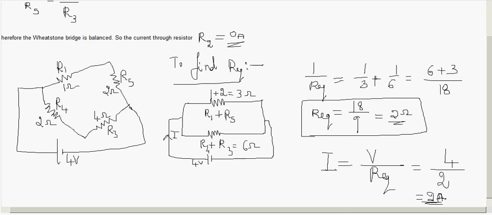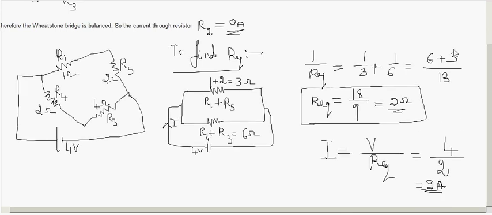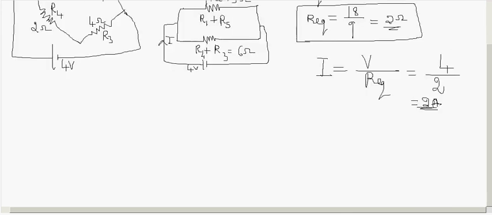So finally you can write that the current drawn by the battery is equal to 2 amperes. The current drawn from the battery in the given network is 2 amps.